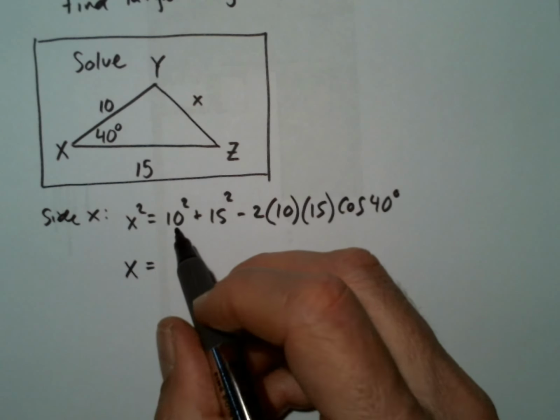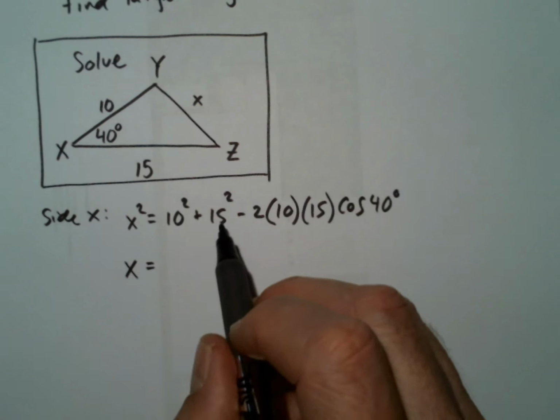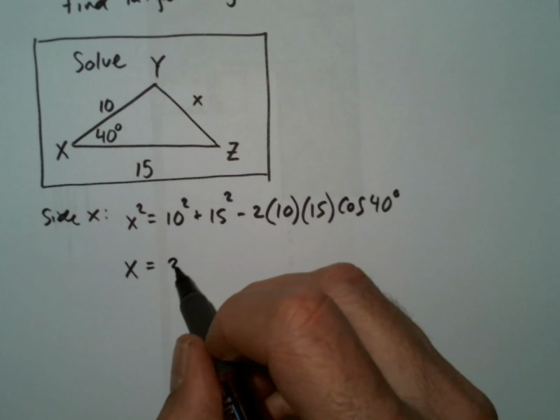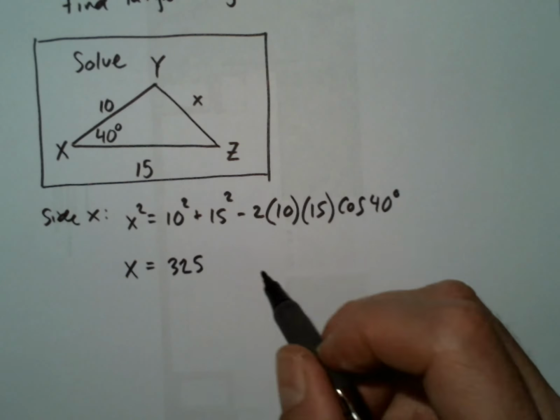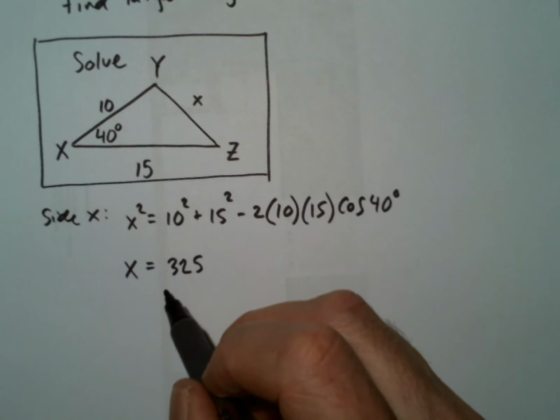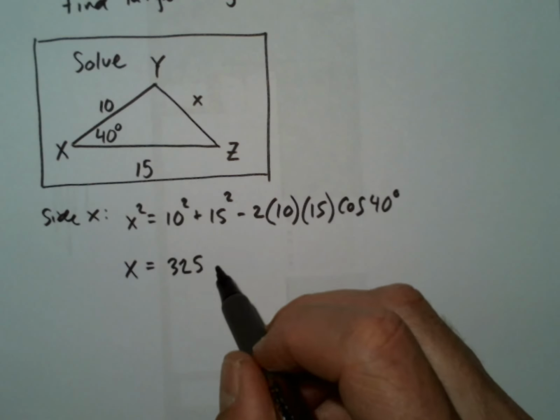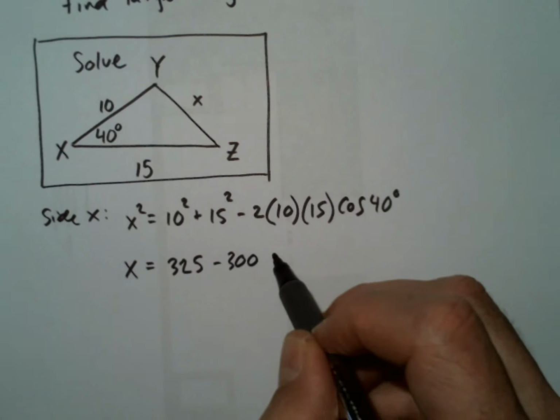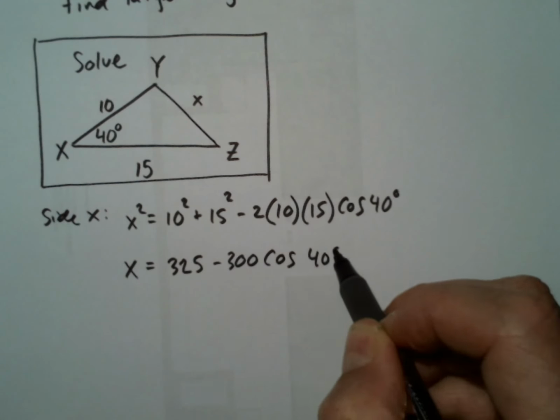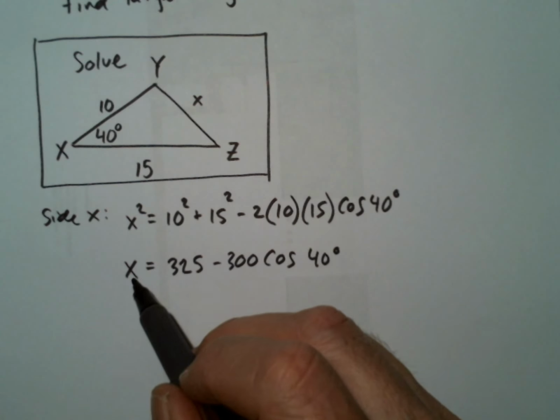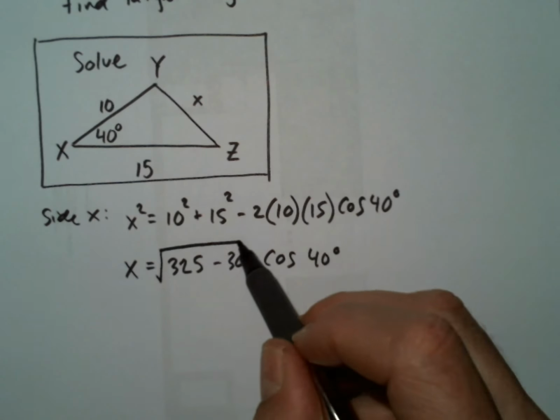So that is going to be 100 plus 225 is 325. This is going to be 30 times 10 is 300. Instead of squaring, let's square root.